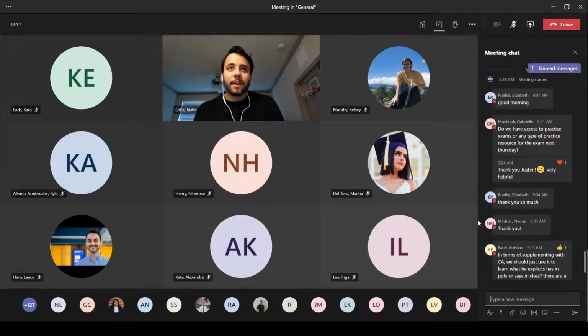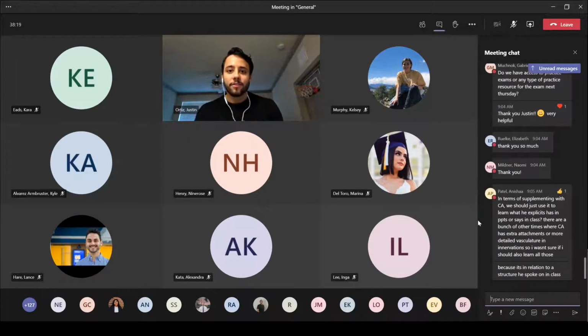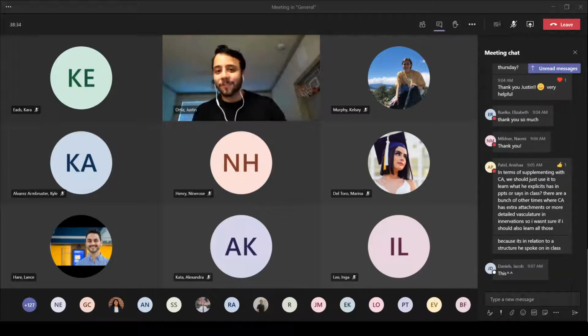Everything that's testable is either on the lectures or he says it, because Muffley likes to say a lot of things in class that aren't on his lecture. That is definitely testable material. So as long as you go to lecture, take notes, and understand what's going on in the slides, you shouldn't be worried about something being in the book or from Complete Anatomy, because all the information should be right there.